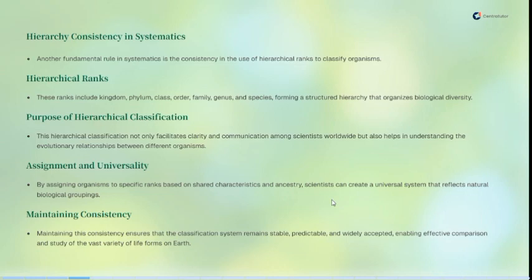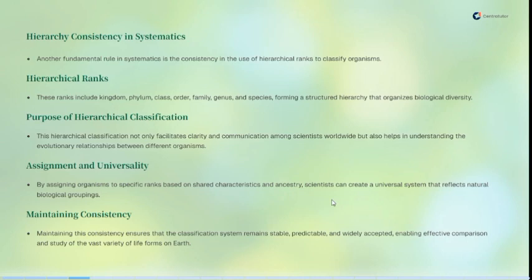By assigning organisms specific ranks based on their shared characteristics and ancestry, scientists can create a universal system that reflects a natural biological grouping. Maintaining consistency ensures that the classification system remains stable, predictable, and widely accepted, enabling effective comparison and study of the vast variety of life forms on Earth.